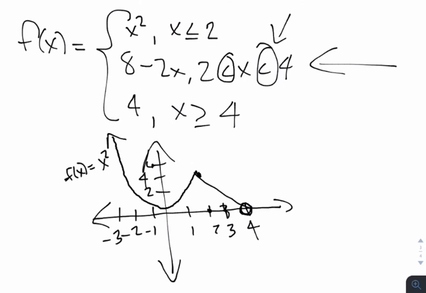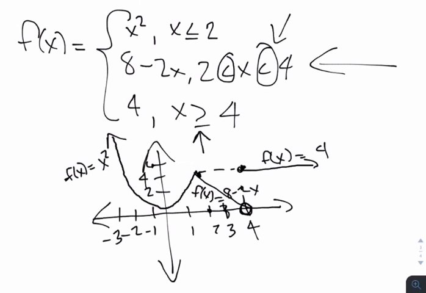So our next one is 4, as long as x is greater than or equal to 4. So we come up here, and this is our actual f of x equals 4. And with that, this is going to be a closed circle because you have x is greater than or equal to 4. And this is our f of x equals 8 minus 2x.